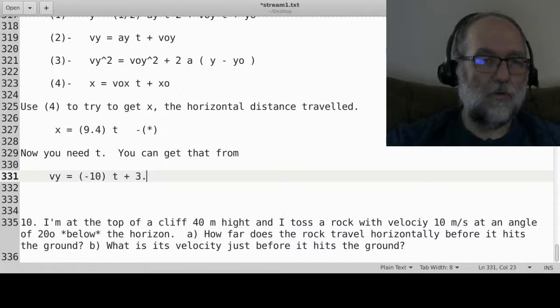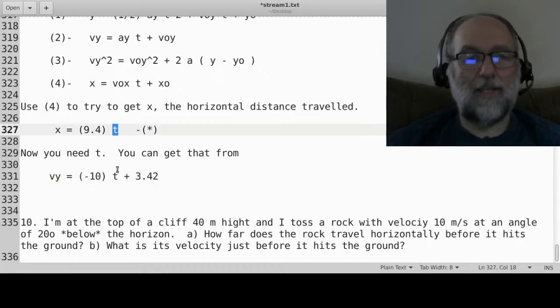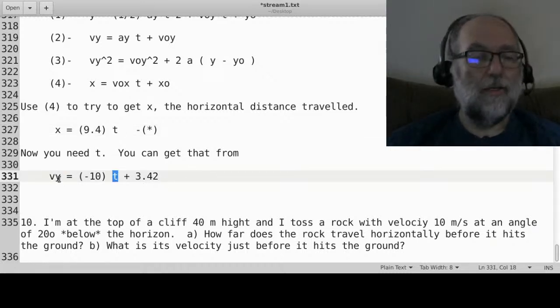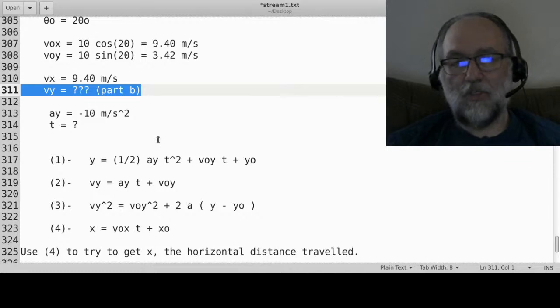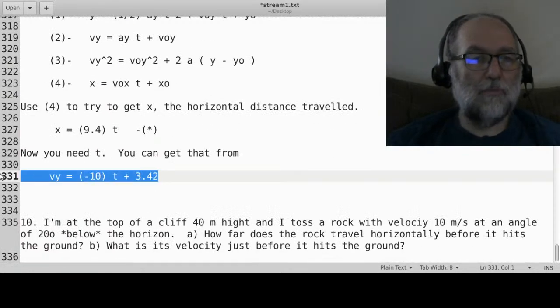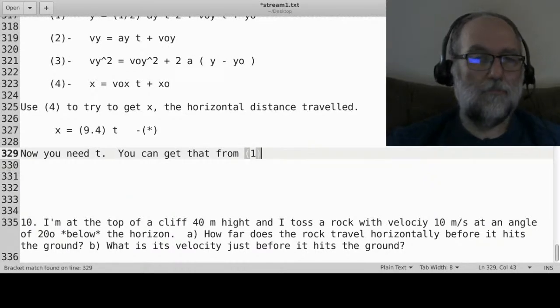But do we have the final velocity and the time of flight? Well, no, we don't have the time of flight. That's actually why we're trying to use it. And do we have vy? Well, no, we don't know what the y component of the velocity is just before it hits the ground. So equation number 2 is not going to do it. We're going to have to get it from equation number 1.